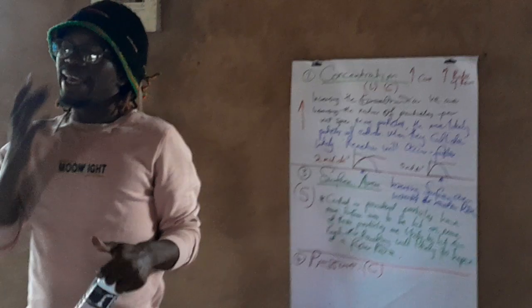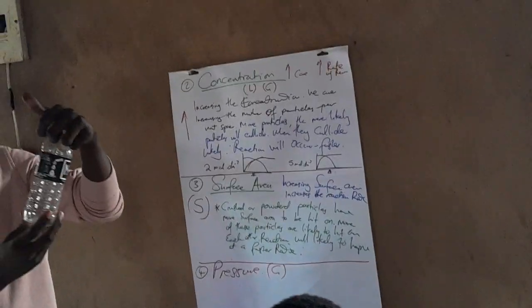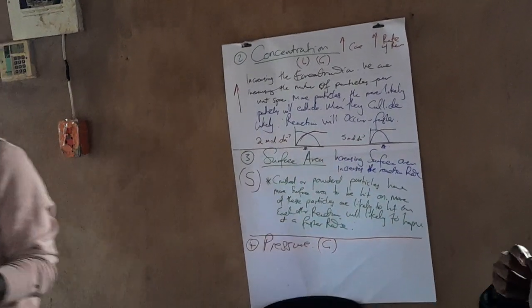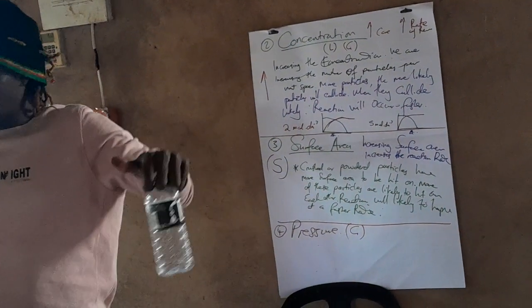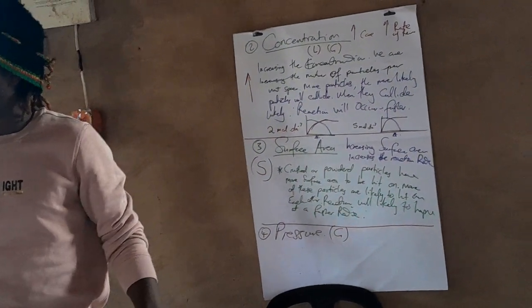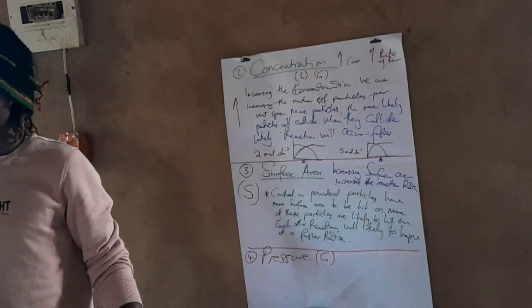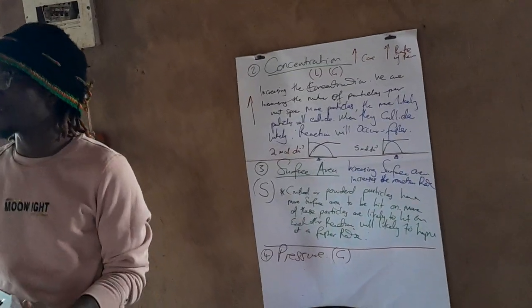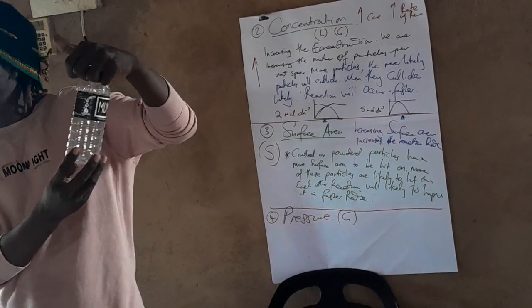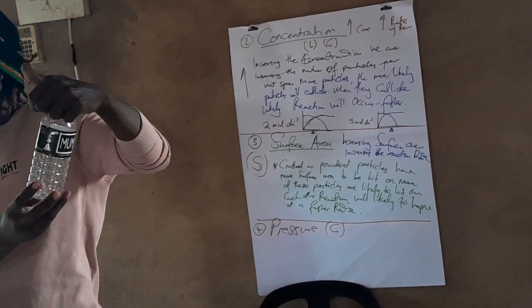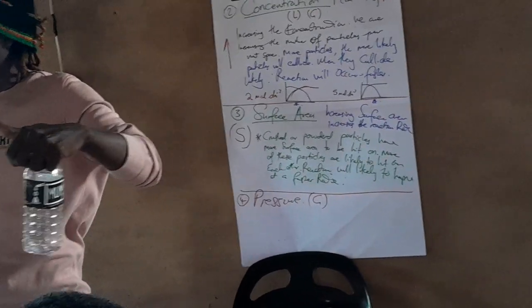But now, if I take a smaller container and I put the same amount of gas, which of these has more pressure? The smaller one, right? Why? Because those particles are colliding with the wall more frequently than in the bigger one. Does it make sense?